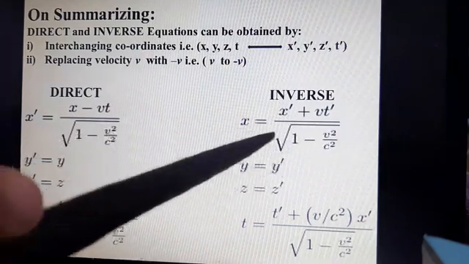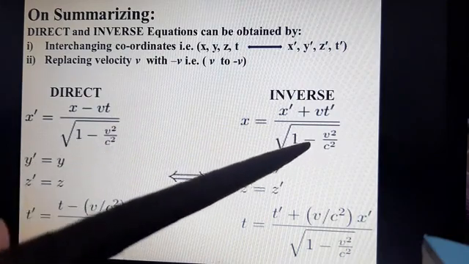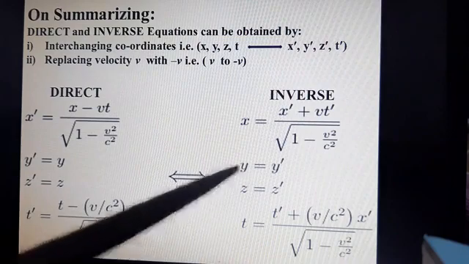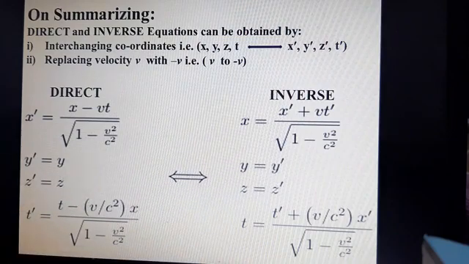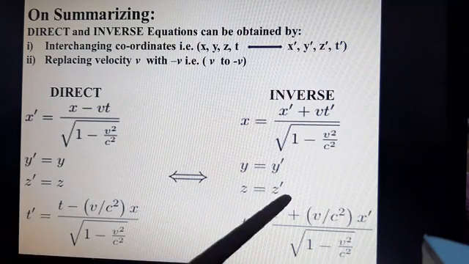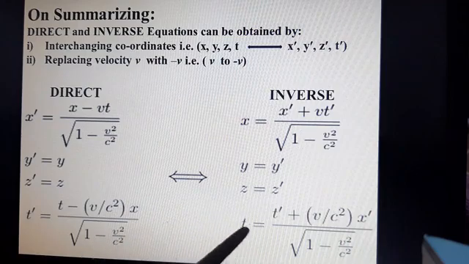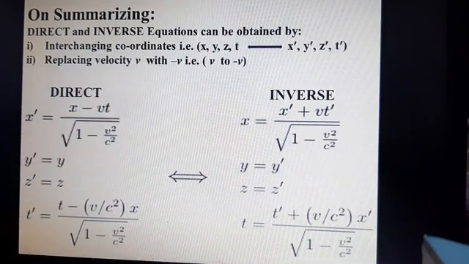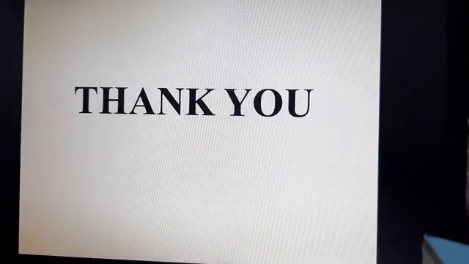So this factor remains the same. This is called relativity factor or Lorentz factor. And similarly, y dash becomes y, y becomes y dash, and z dash becomes z, z becomes z dash, and similarly for time. So these are the set of direct and inverse equations. So thank you very much.